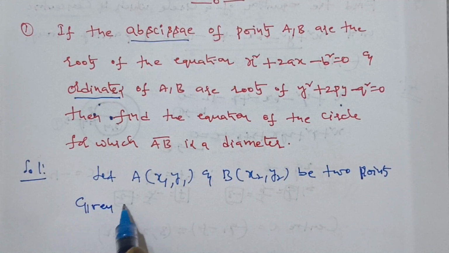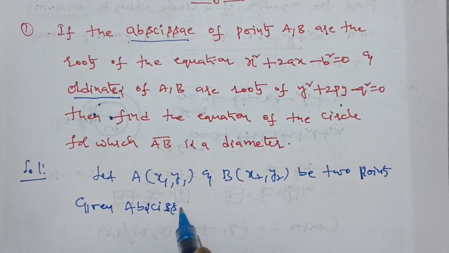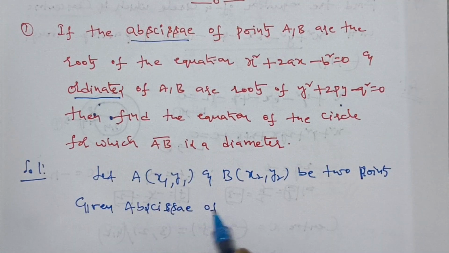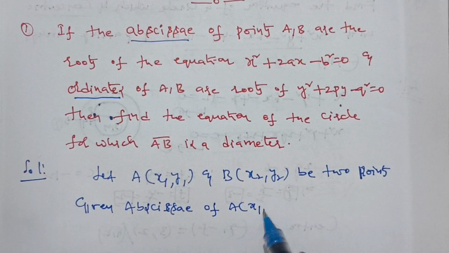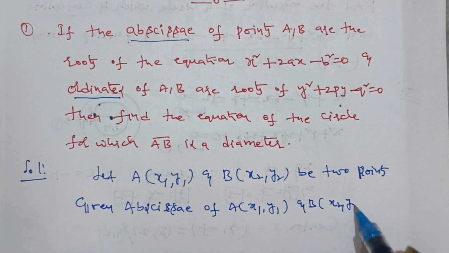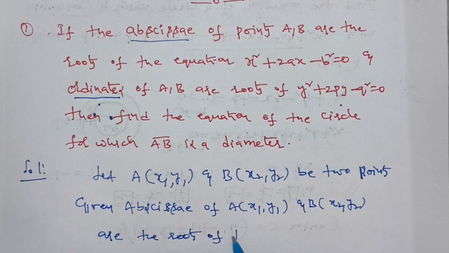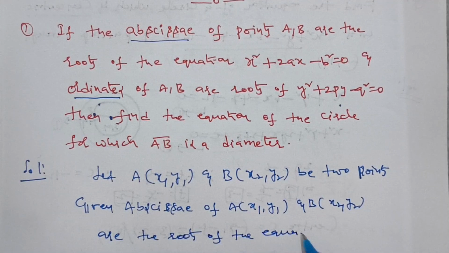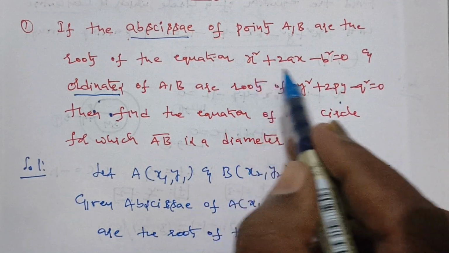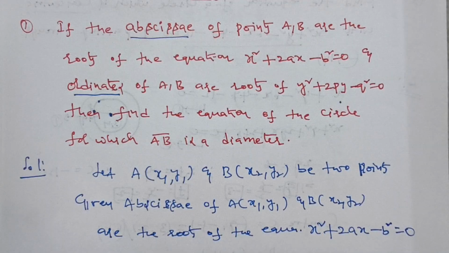Given abscissa of A (x1, y1) and B (x2, y2) are the roots of the equation x square plus 2ax minus b square equals 0.